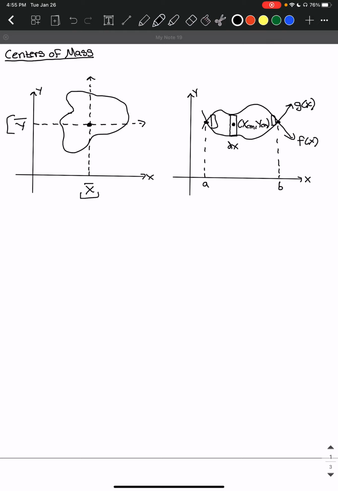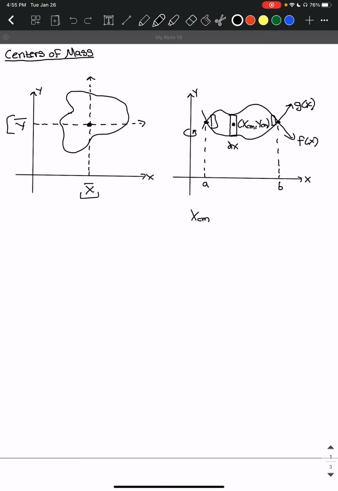To find the x center of mass, it's essentially the propensity for this object to want to tilt about the y-axis. If I let this go, it's going to want to fall into the page and tilt around the y-axis if I extend a rod to that center of mass here.